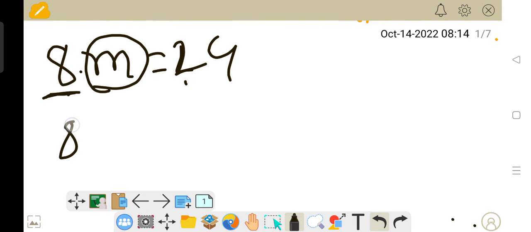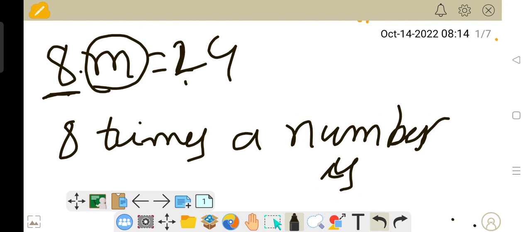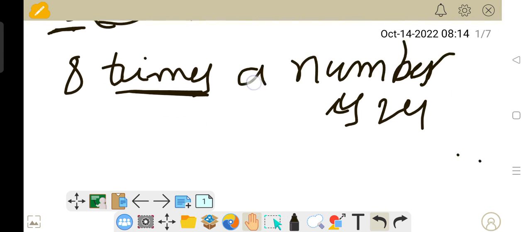Can be written as 8 times a number gives or is 24. Into means times. Plus means added or more. Minus means decreased, okay, or less.